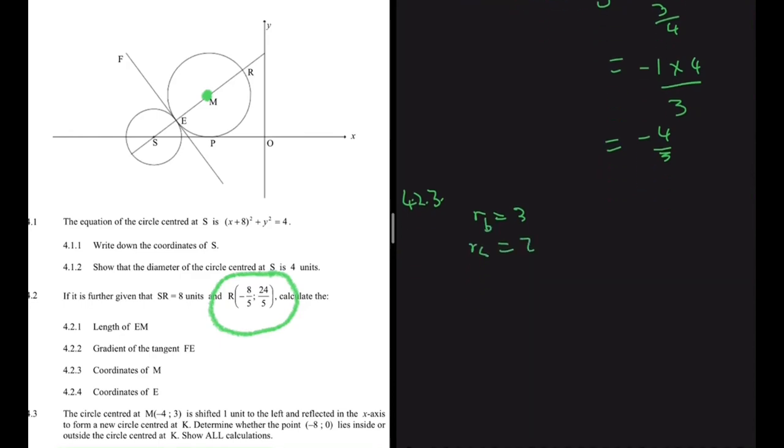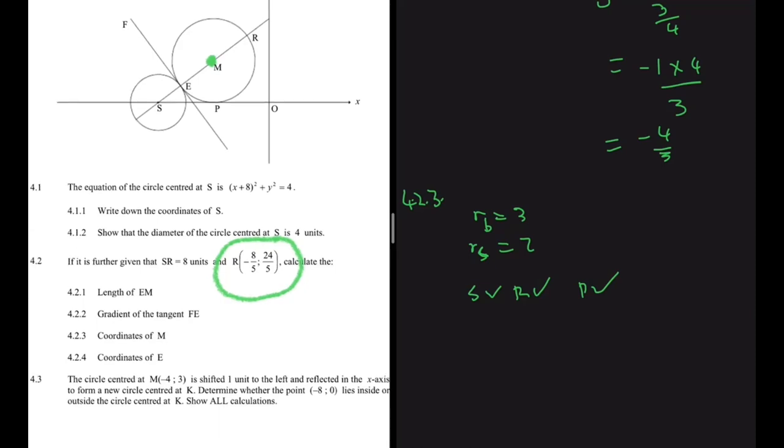We know the coordinates of S, and we know the coordinates of R. That's all we know, and we sort of know the X value and the Y value of our coordinate P. So we have to find the coordinates of M using this information that we have. So how can we possibly do that?